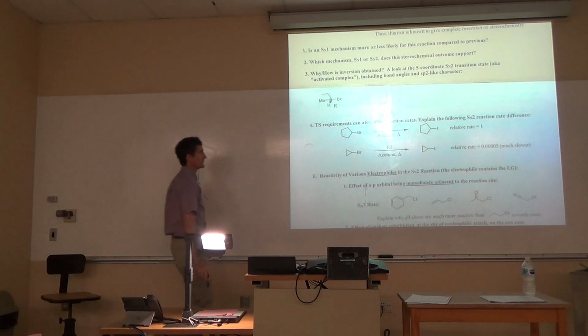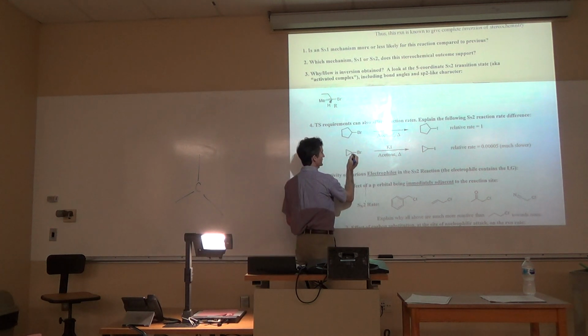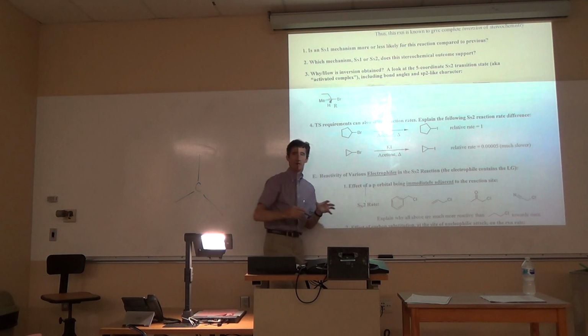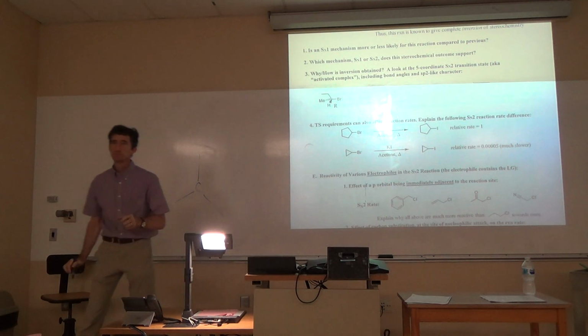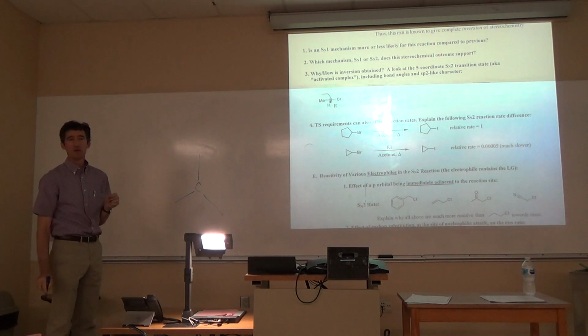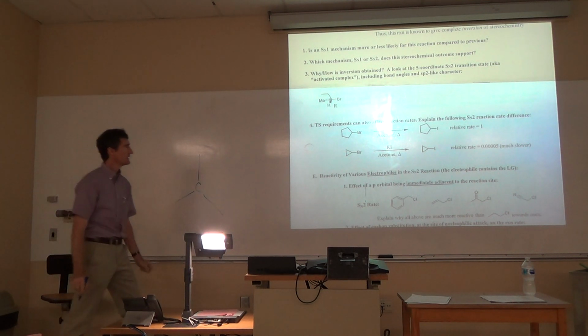Okay. The reason that this is much slower is, what is the current bond angle? Well, first off, when this undergoes a substitution, what type of angles occur during the transition state? Transition state has what type of angles around the 120. Yes.